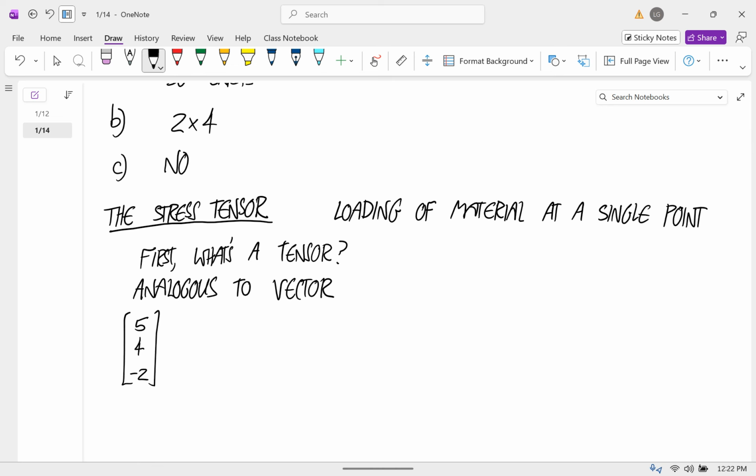We're used to thinking of that as a vector, but really that's just a list of numbers, in a 3x1 matrix form.